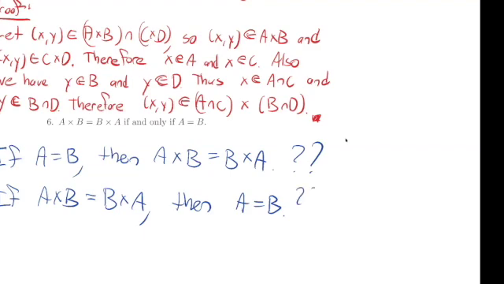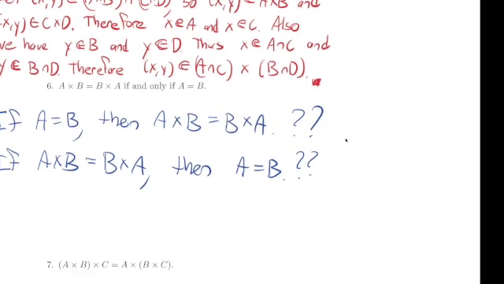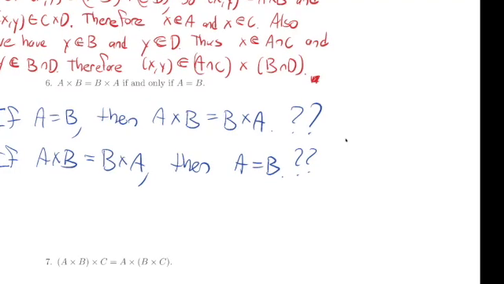And if one of these is true and the other one is false, then altogether the statement is not going to be true. And I will say one of them is true and one of them is false. So altogether, this statement is not true.